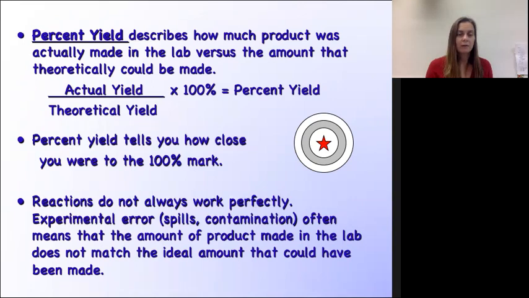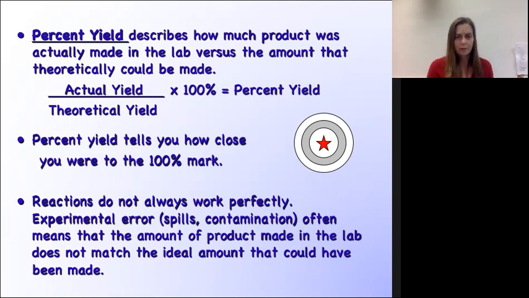We calculate it by putting the actual yield, which we measure in the lab, dividing it by theoretical yield, which we calculate from stoichiometry, and multiplying by 100% to get our percent yield. And percent yield tells us how close we were to making exactly how much we were supposed to make. How close were we to 100%?